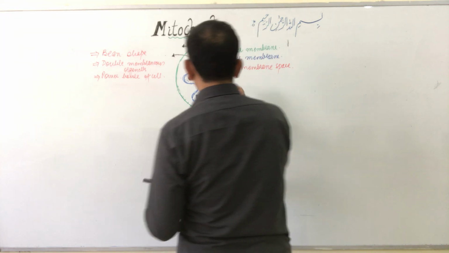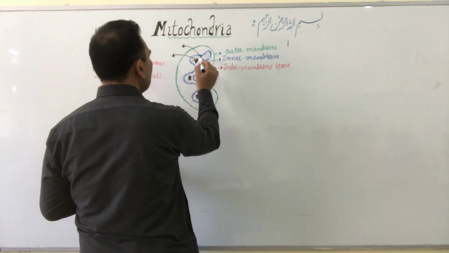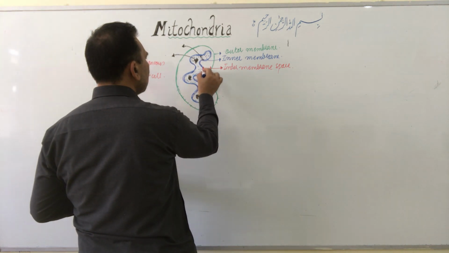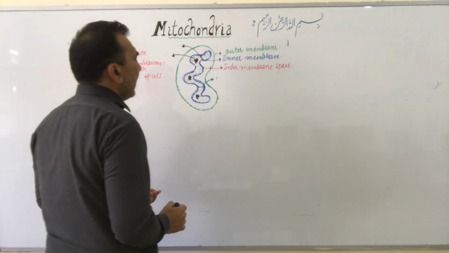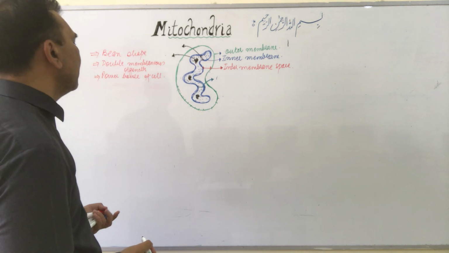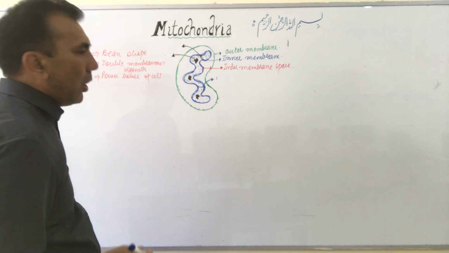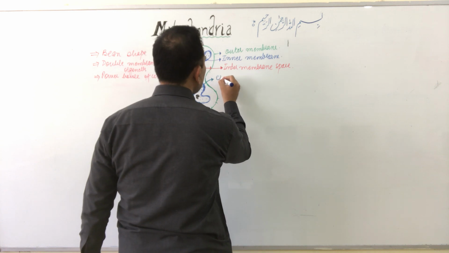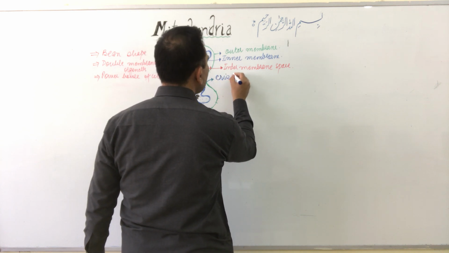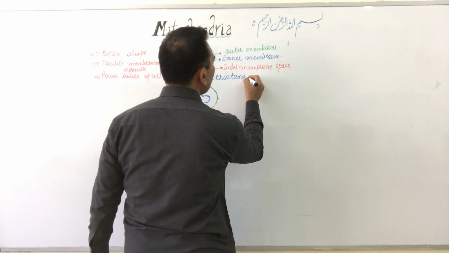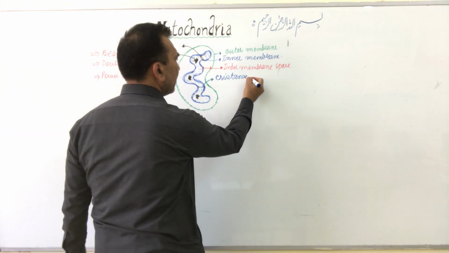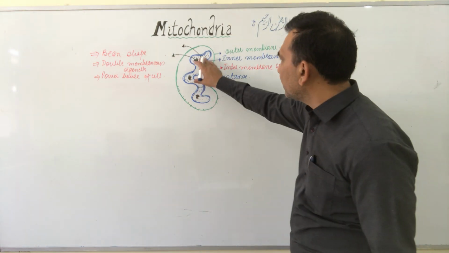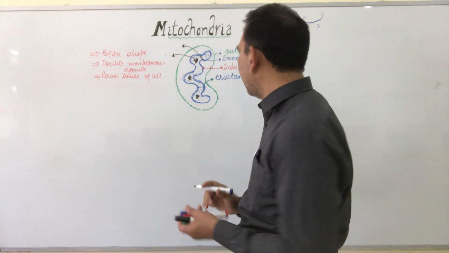And this blue color membrane makes a folded structure present inside the outer membrane, and this folded structure is called the cristae, or crista. The cristae are the folded structures present inside the mitochondria.